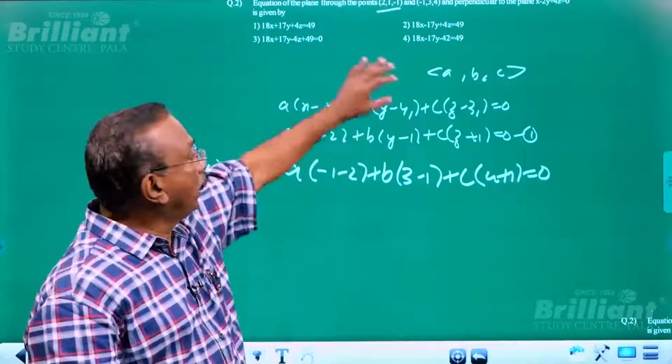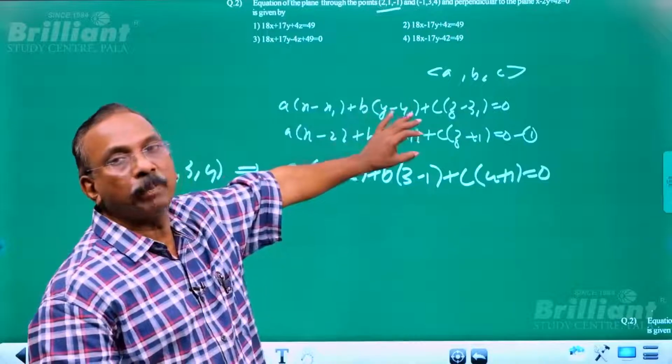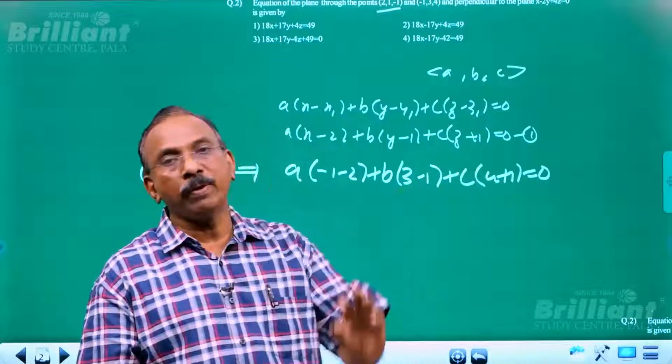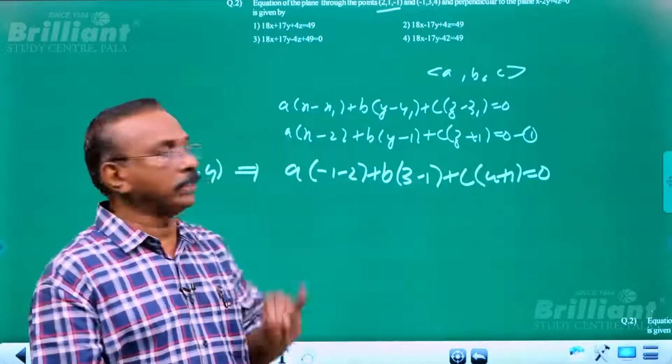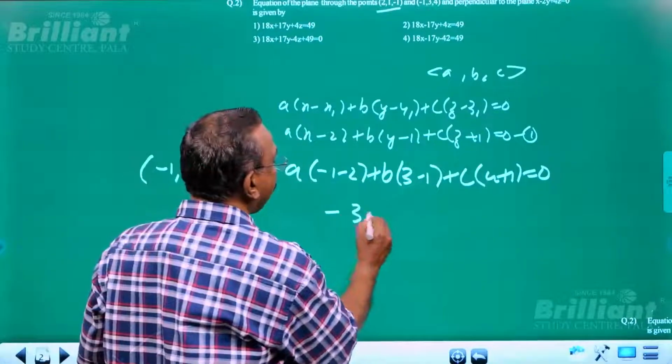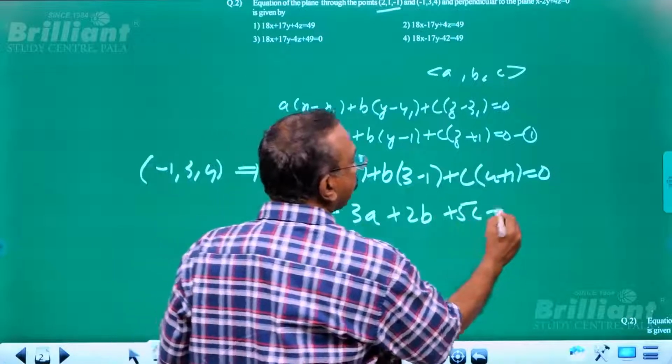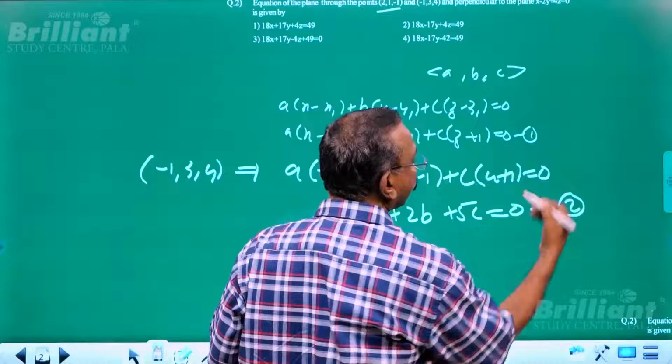Because the plane passes through the second point, it will provide a new equation involving A, B and C. So you get minus 3A plus 2B plus 5C is equal to 0. Keep it as equation number 2.